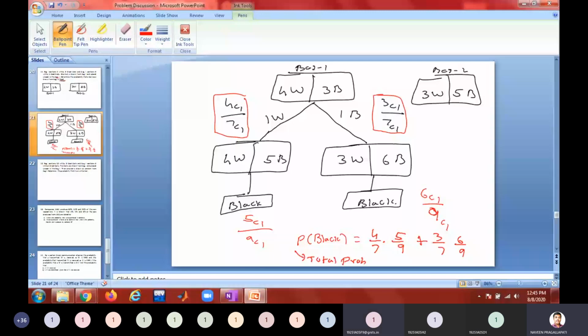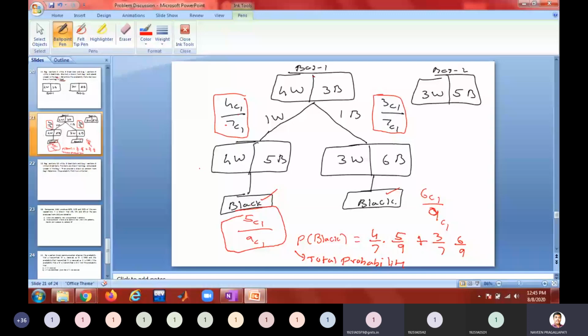Okay, see how you do this problem. Draw a tree diagram like this. Start from the root, reach the leaf. When you are walking along the path, multiply the probabilities. So multiply these two probabilities. When you are changing the path, put addition.